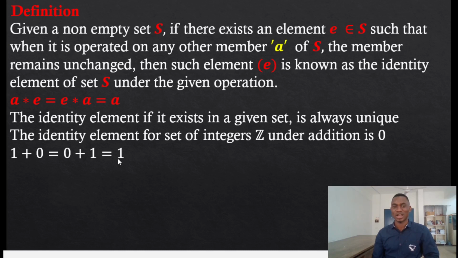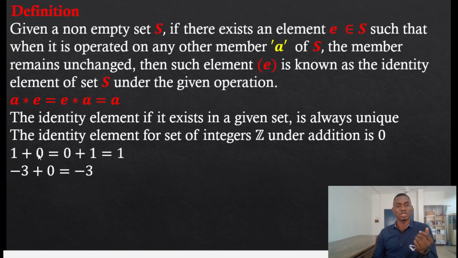Let's look at another instance before we draw a conclusion. Now, minus 3 plus 0 is what? Minus 3. Minus 3 is an integer, 0 is the second element. So 0 is acting on minus 3 to return minus 3. So what can we say about 0? This 0 does not have any effect or impact on minus 3.